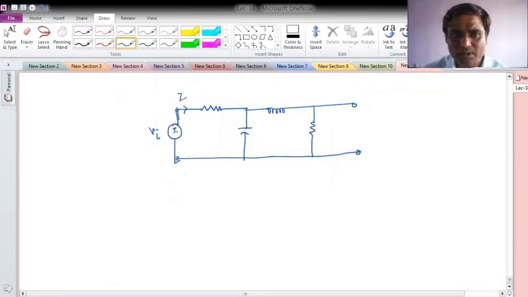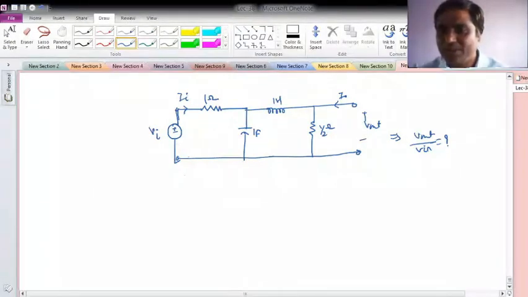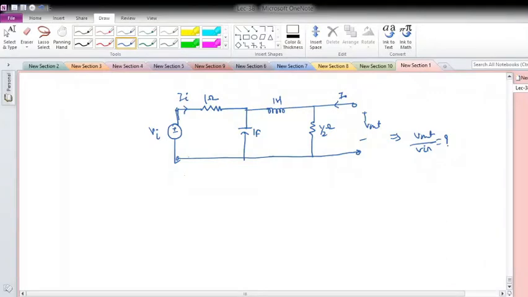This will be my Ii, and I'll put in some numbers for the elements: 1 ohm, 1 farad, 1 henry, and half farad. Sorry, not half ohm. This is I naught, and the output is given as V out. The question is to find V out by V in, using the T parameters, that is the ABCD parameters. So let us find the ABCD parameters.